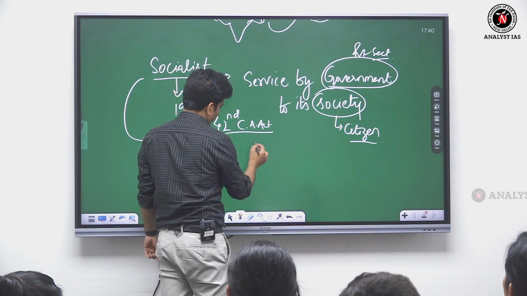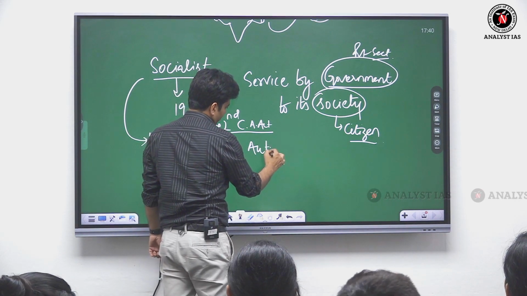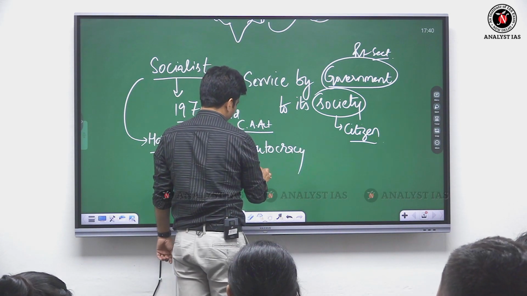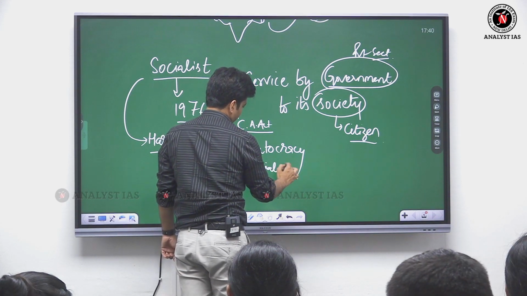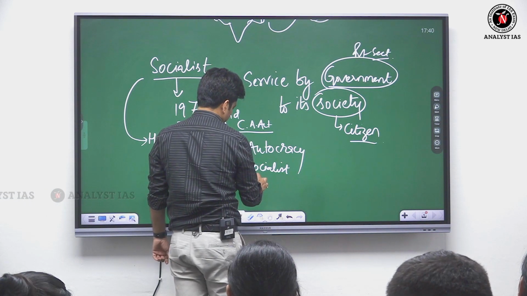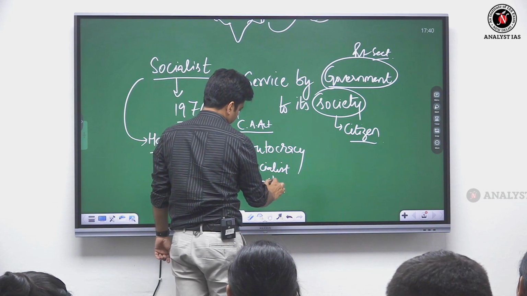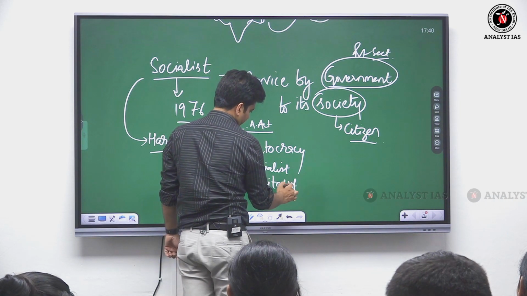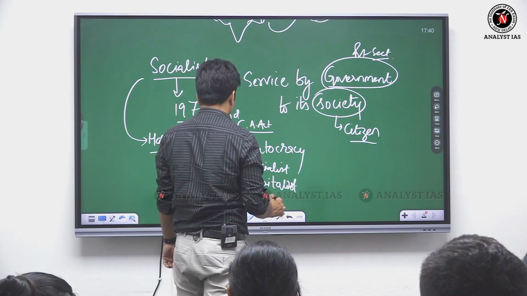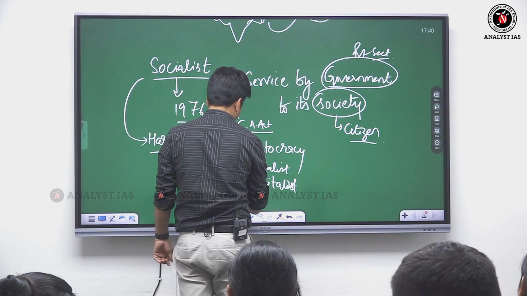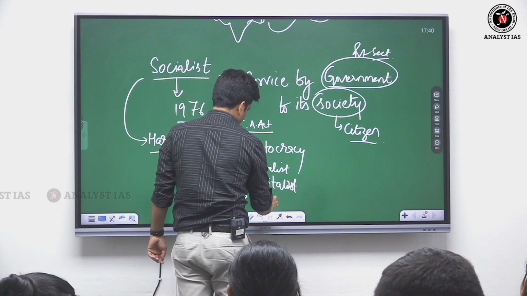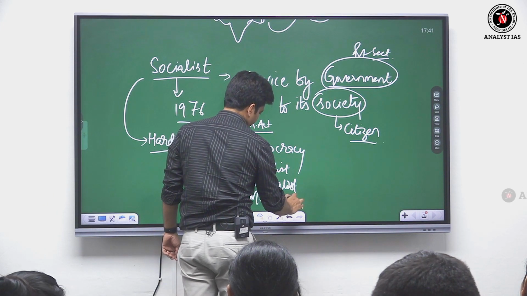So for example, I am writing here: autocracy, socialist, capitalist, and mixed system or mixed economy.